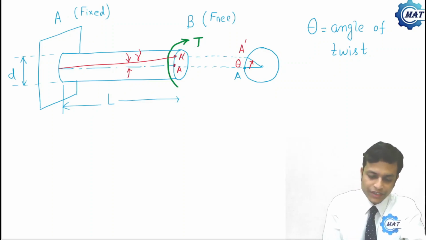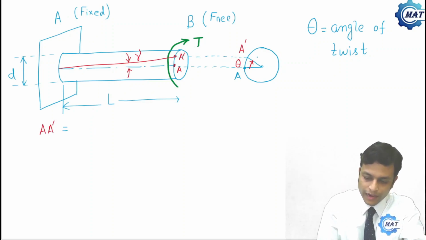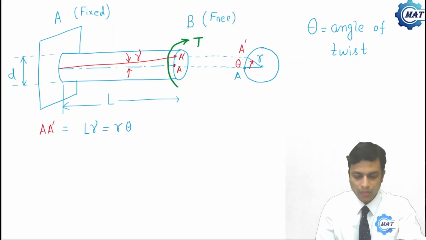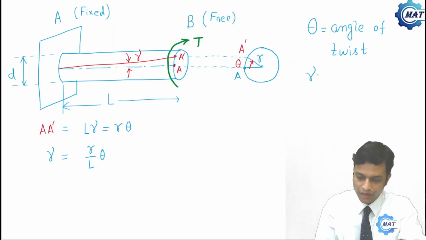So from the geometry, what we will get, A prime is what? If radius of the shaft is r, then A prime is L into gamma, that is also equal to r into theta. That is, gamma, shear strain, is r by L into theta.